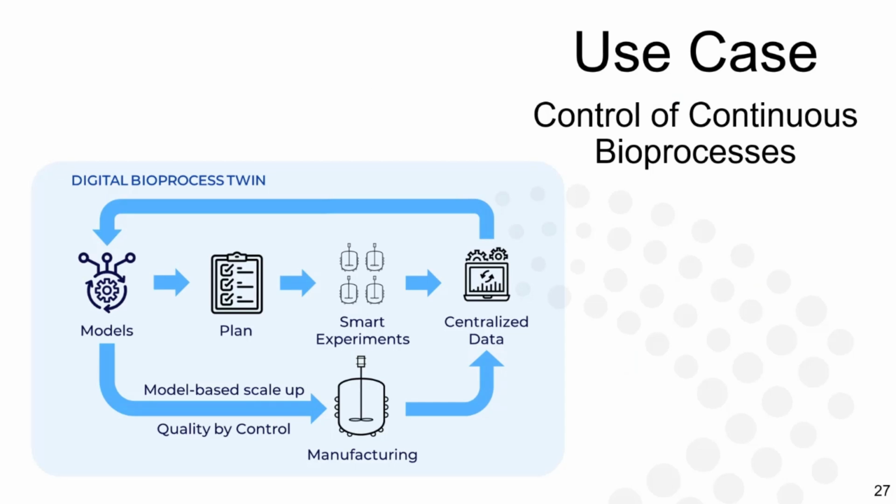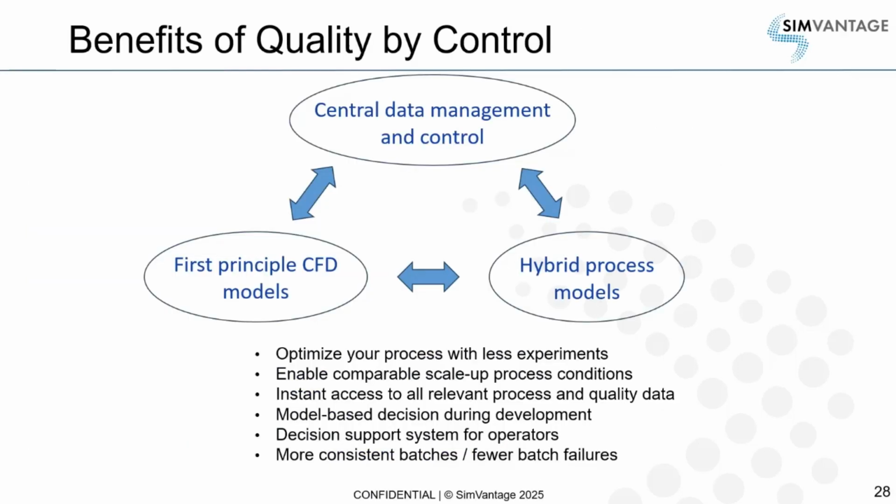Another use case for this software is the control of continuous bioprocesses, and for that we are working together with a central data management and a hybrid process model. The central data management is done by our partner Cubicon, and the hybrid models are done by a company, Novasign.